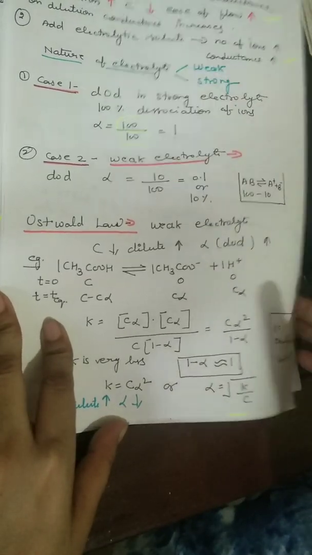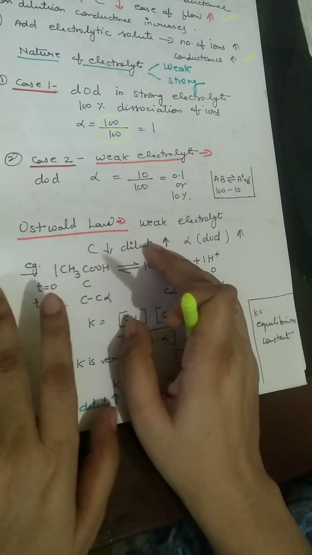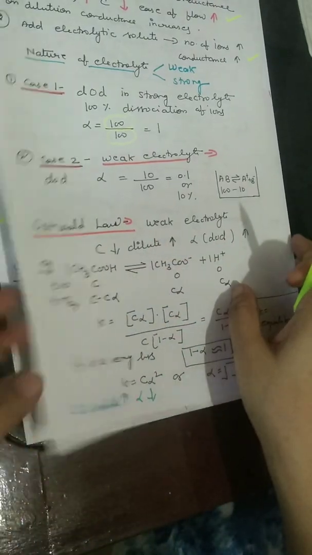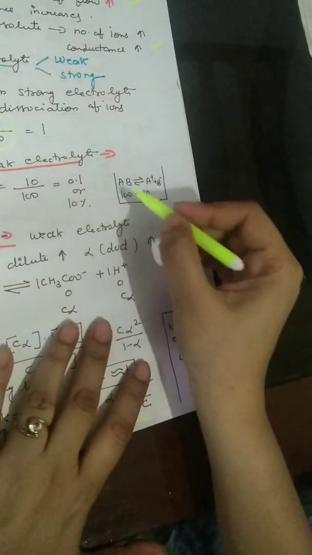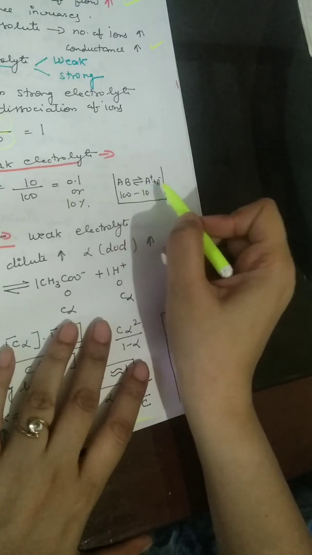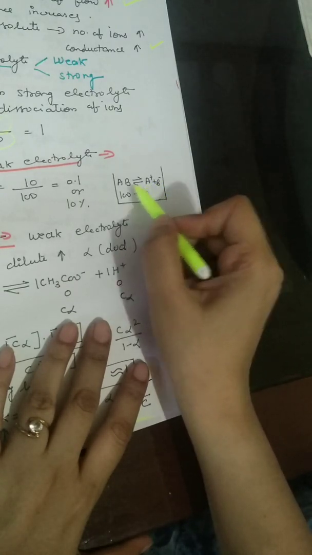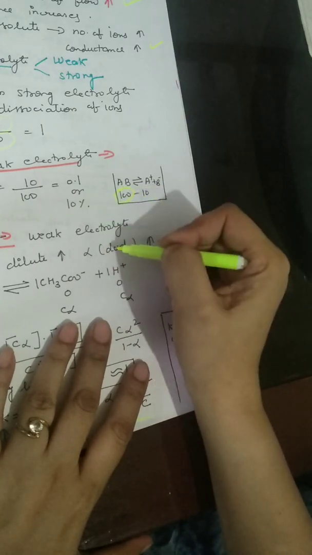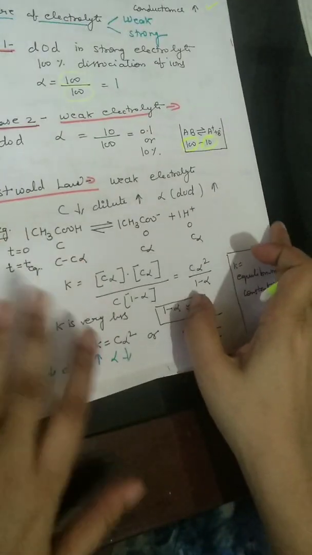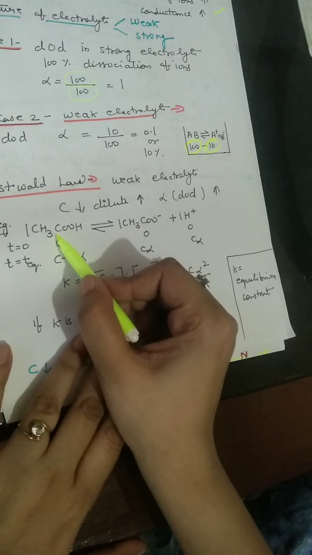Now case 2. Here in case of a weak electrolyte, as we know, all the molecules do not dissociate in the solution, only some of them dissociate. Suppose we have a solution AB, which is a weak electrolyte, and it dissociates as A plus and B minus ions, and suppose there are 100 total molecules, and only 10 dissociate. We are taking the example of acetic acid here.